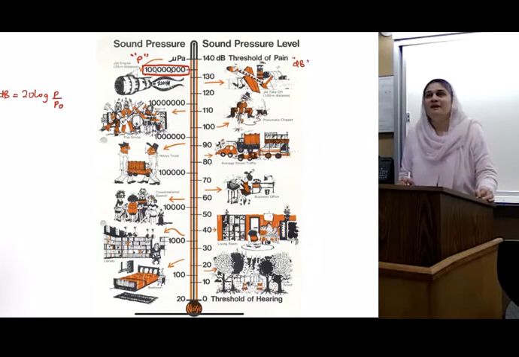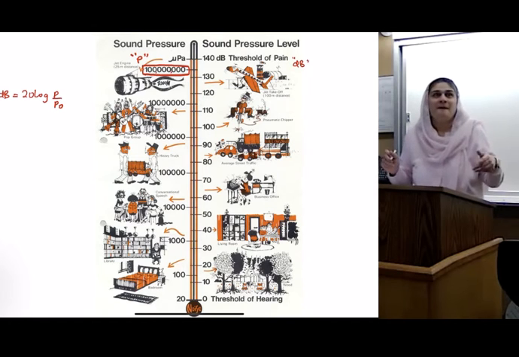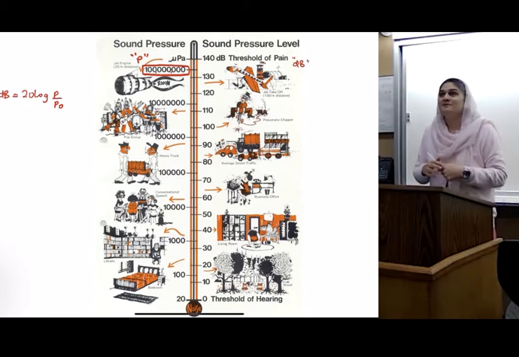Which one would you prefer writing? 109,045,559 or 129. Got it? And that's the reason why we came up with the decibel scale.